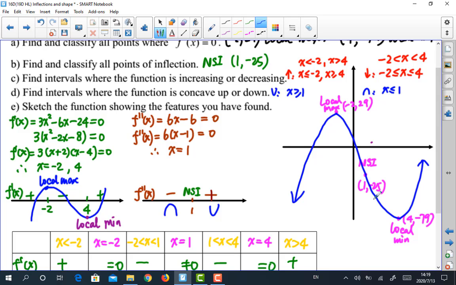That's the reason why I know the point which is further away from the local maximum or local minimum point, and this point can change the concavity. This point must be the stationary inflection, especially when you have the next point where the concavity changes. So the next point which is closer to the local maximum or local minimum must be the non-stationary inflection.